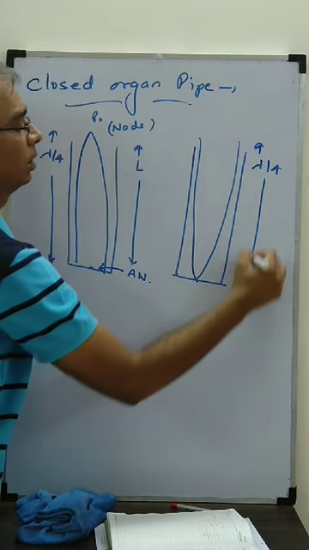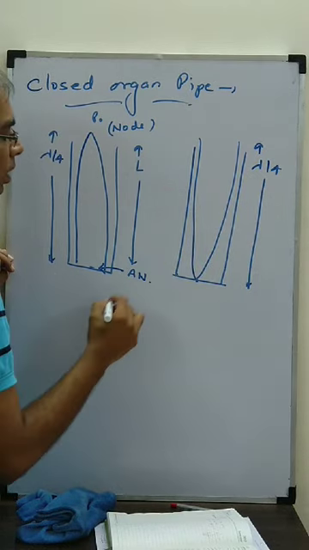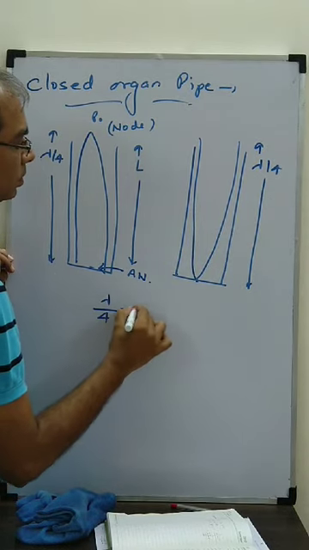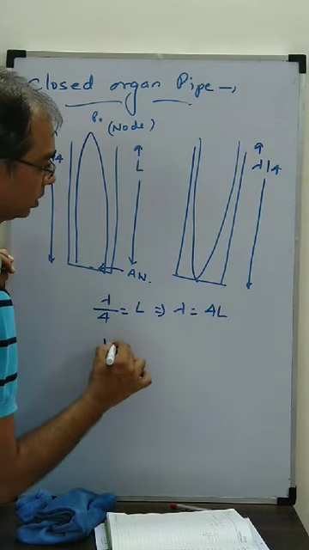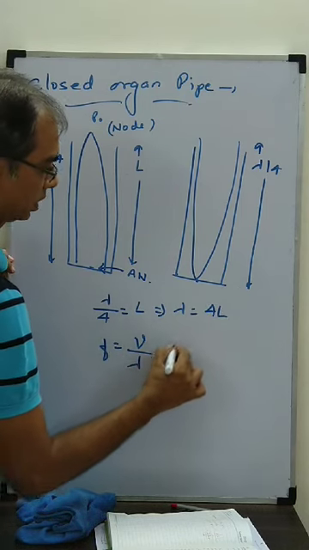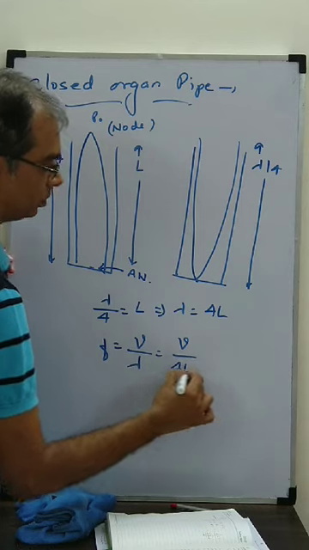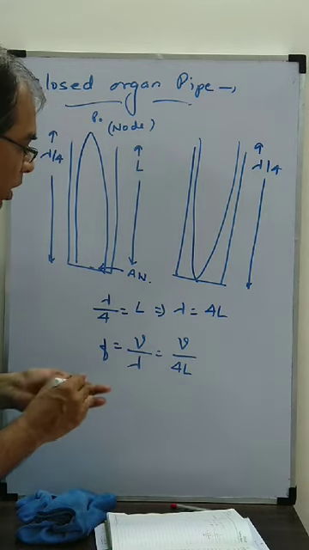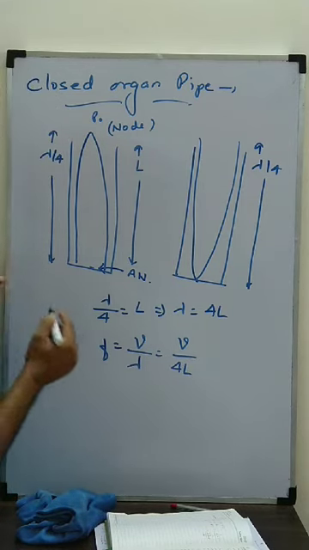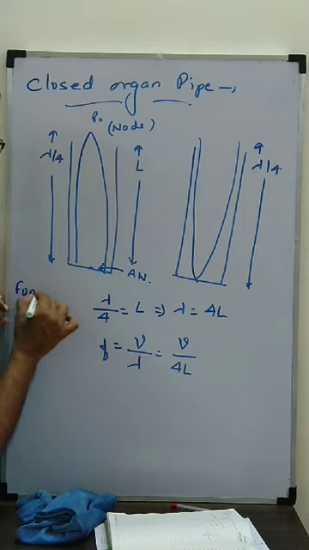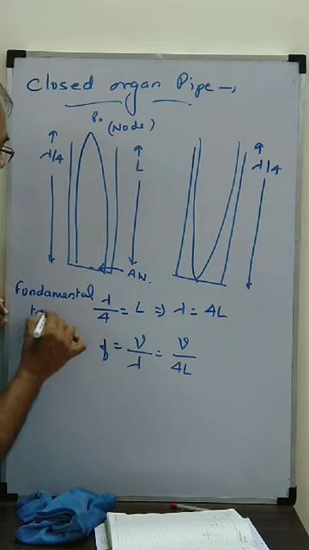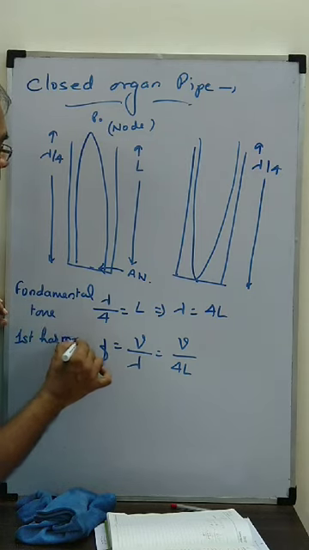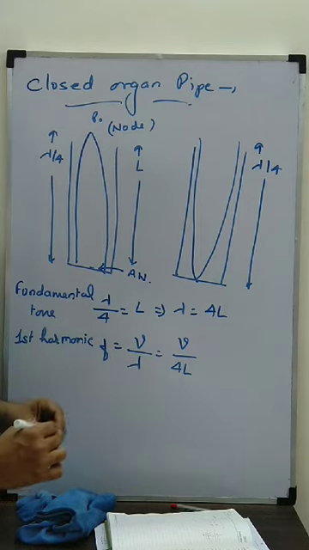Lambda by 4 equal to L, so lambda equal to 4L. Frequency V by lambda, that is V by 4L. This is called fundamental tone or first harmonic.